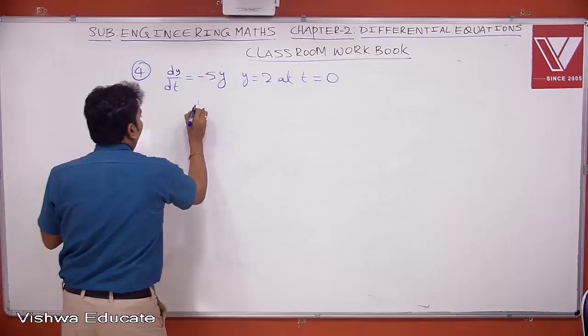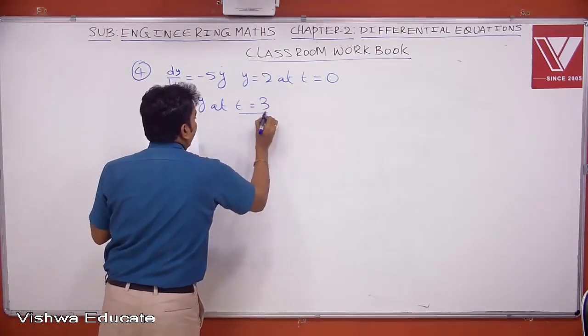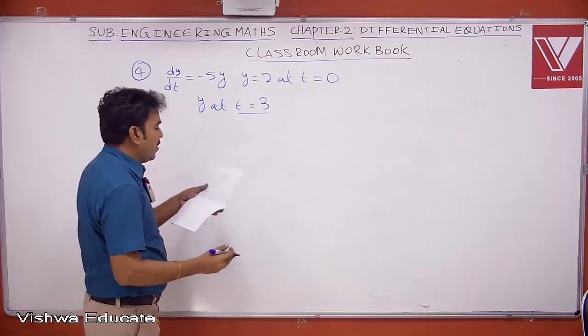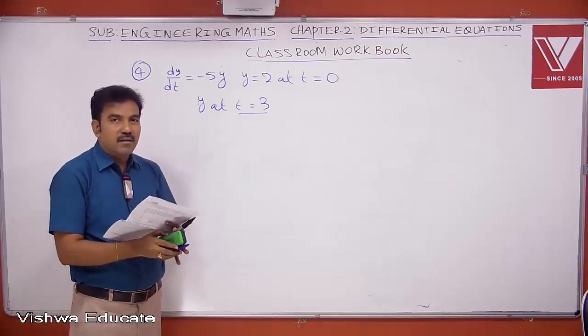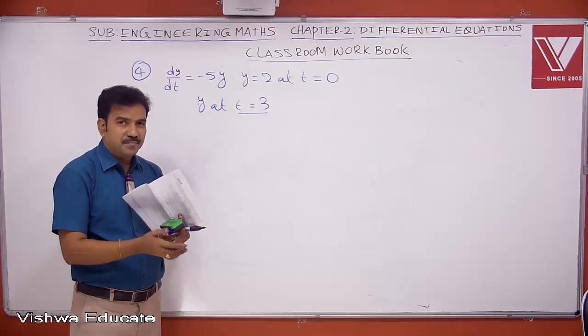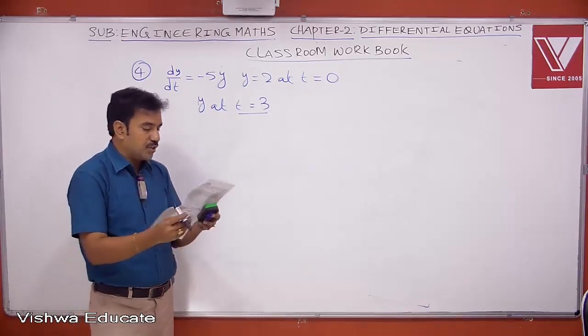Then the value of y at t equal to 3. We need to find the value of y at t equal to 3. Of course, options are given. Even if options are given, for models like this, you won't get any benefit. So we need to solve this question completely.